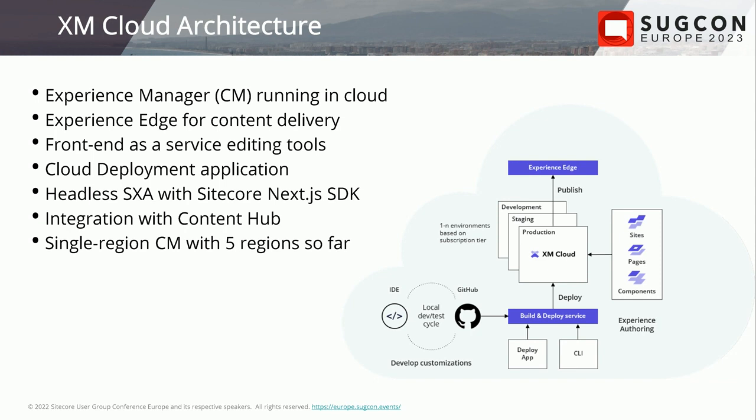It comes with Headless SXA that is powered by the Sitecore Next.js SDK and has integration with Content Hub, DAM, and SMP, which comes out of the box and is also included in the base images. And as I previously mentioned, this is a single region covering 5 regions so far, so it may not be the best fit for specific geographic locations.